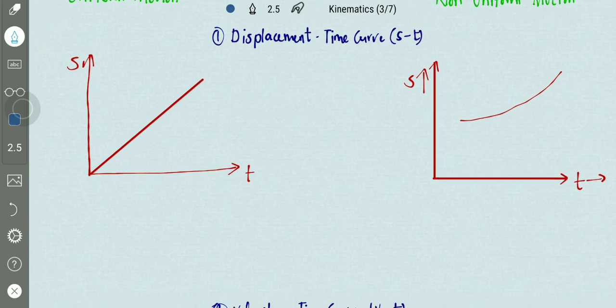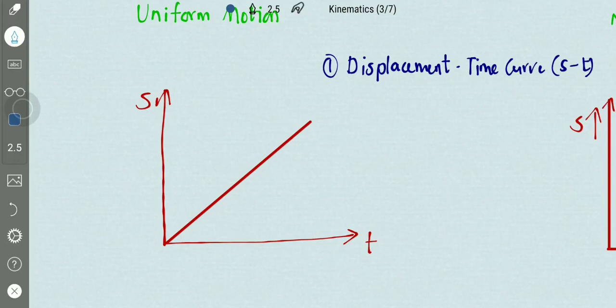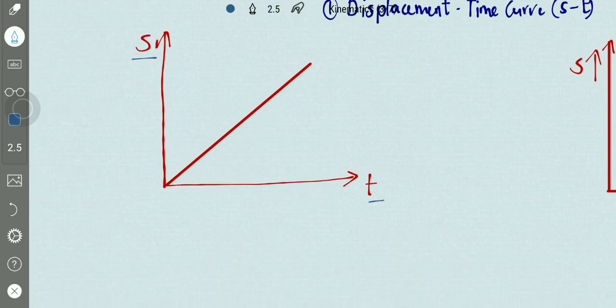So in the displacement time curve, time is plotted on the x-axis and displacement is plotted on the y-axis. In uniform motion, the body travels with constant velocity. As the time increases, the displacement also increases directly.